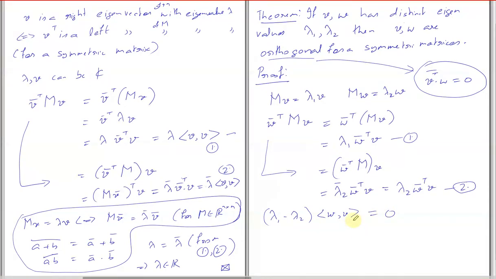Yes, sir. These are distinct, as clearly written, so this is not equal to 0. This implies that the inner product of W and V has to be equal to 0. You agree? Yes, sir. Hence they are orthogonal.